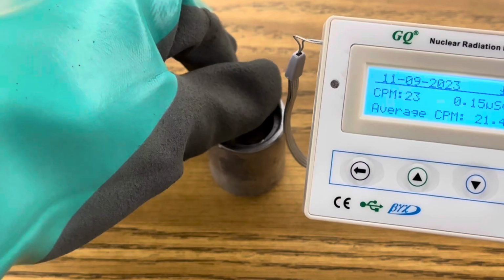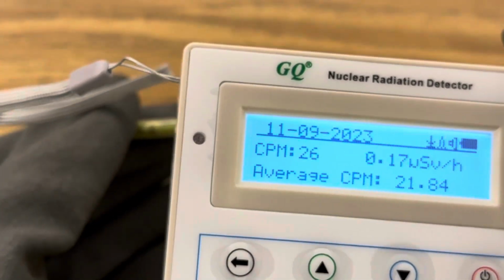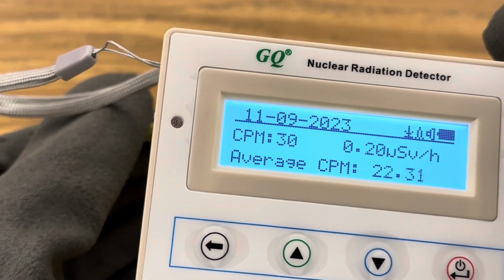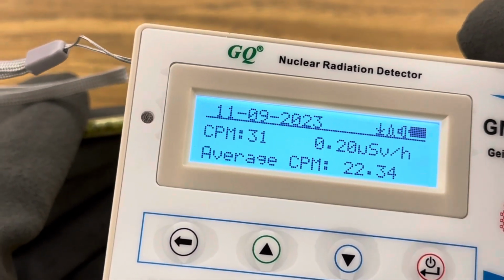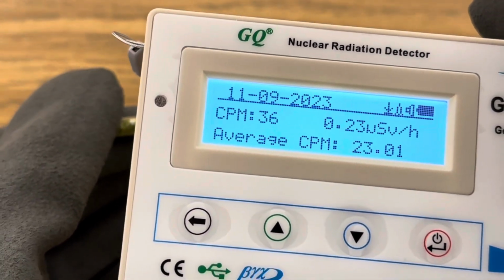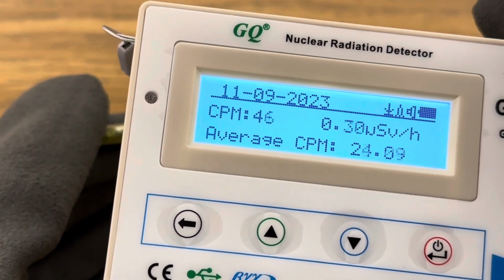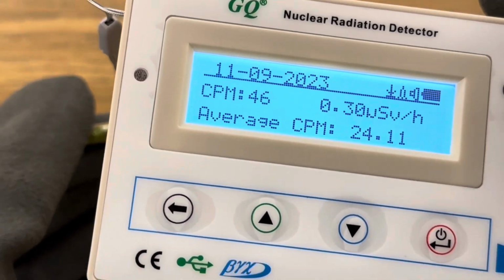I'm going to take this sample out and see what it looks like. Slowly increasing. Up to 46.